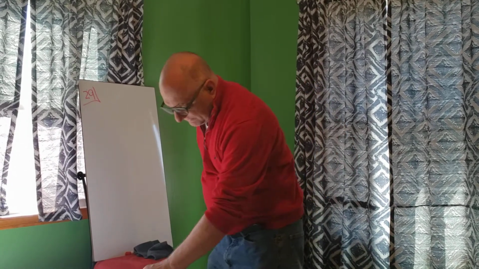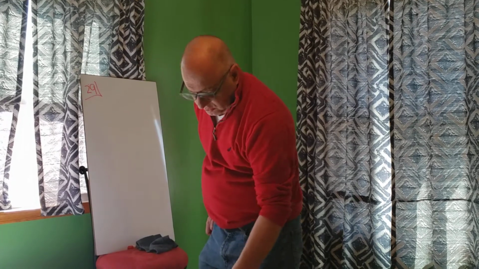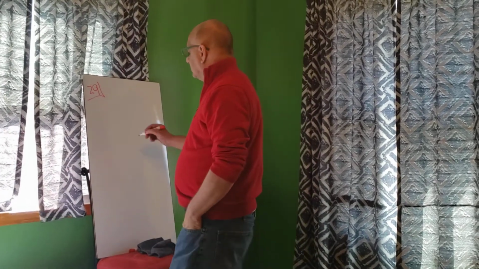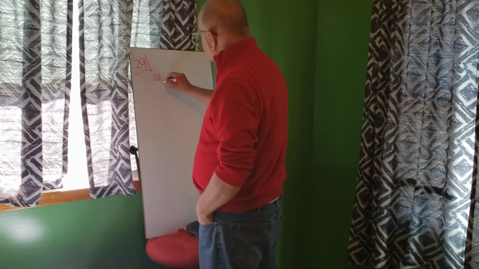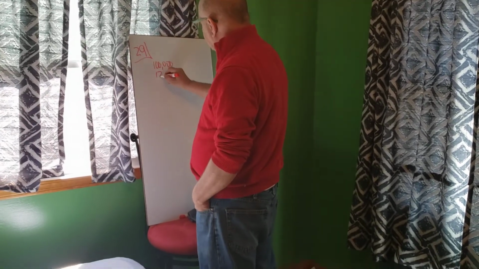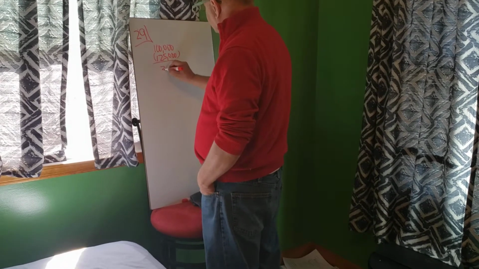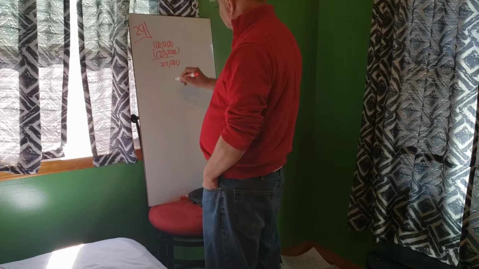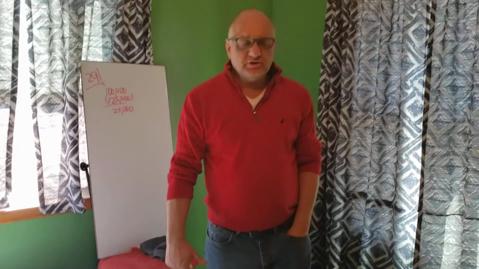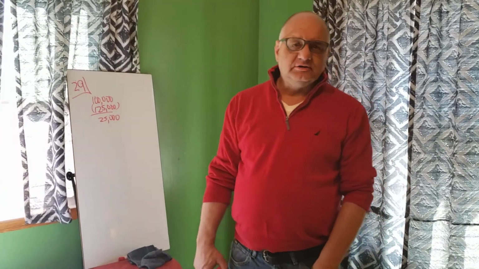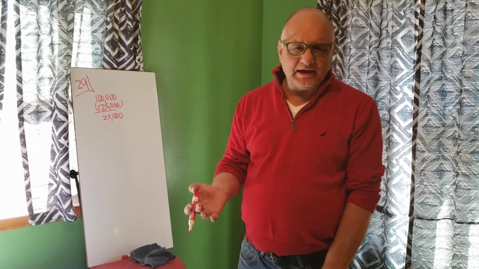So, where we left off last time was problem 29. What we said is my amount realized was only 120,000, my basis was 25, and therefore I have a $25,000 loss. And I told you the losses on a like kind exchange are non-deductible, they're not recognized.